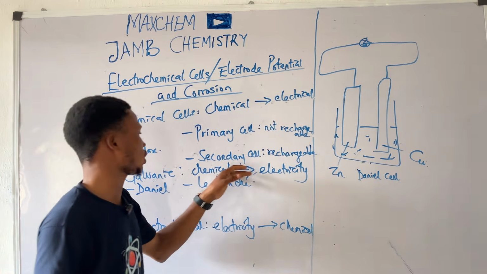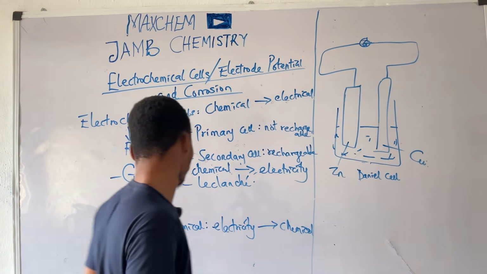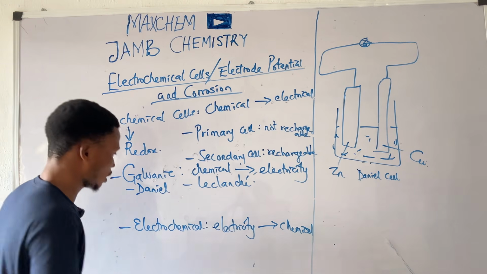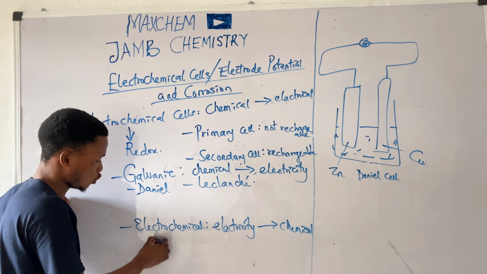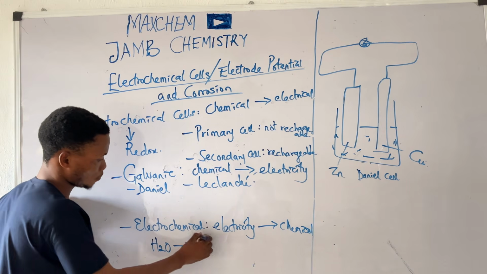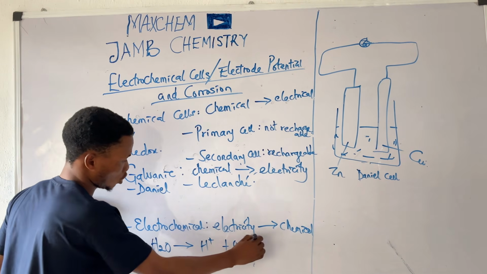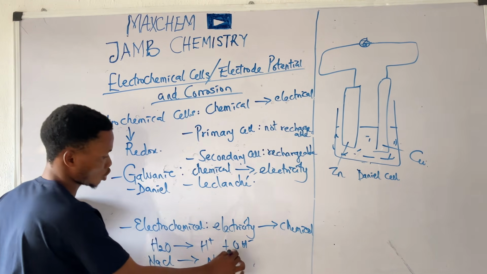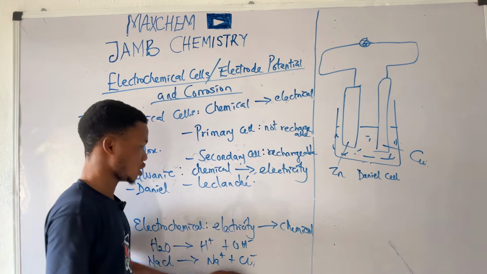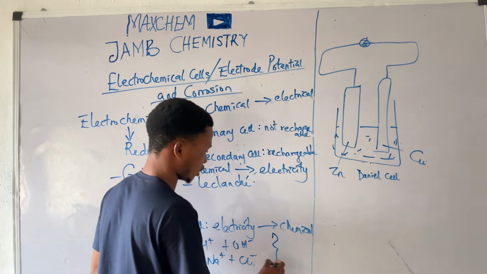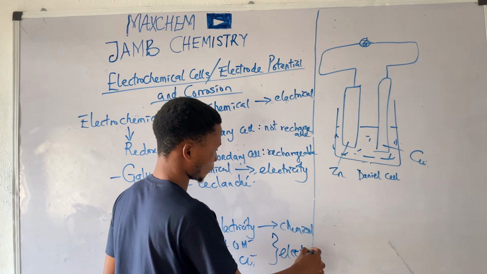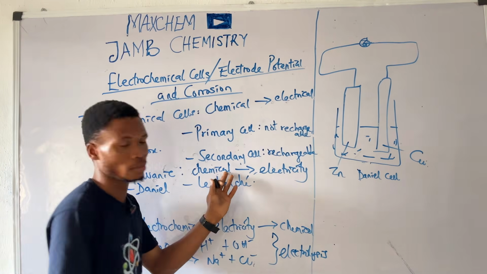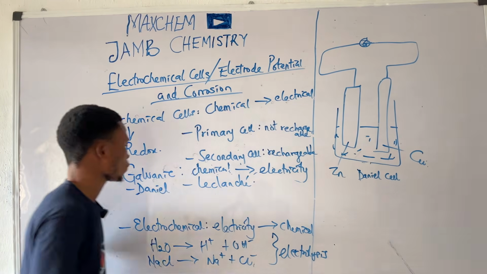So it converts chemical energy to electrical energy, while electrolytic will convert electricity to chemical energy. That is when you have, for example, the decomposition of water to get H+, or your salts, you have Na+ and Cl-. This is just using electrolysis, while the galvanic is conversion from chemical reaction to electrical energy.